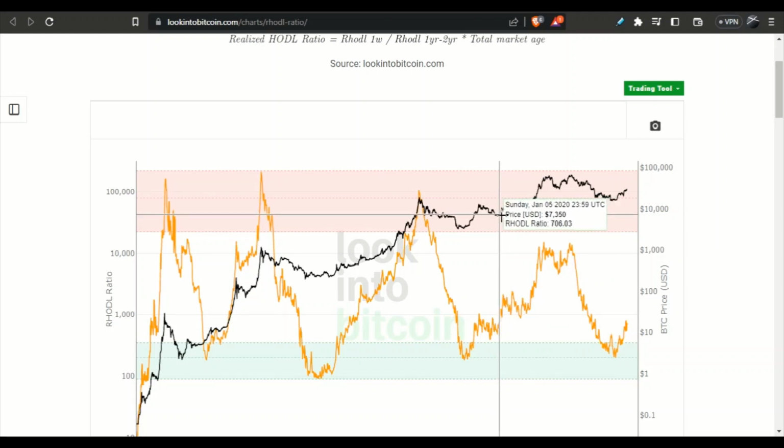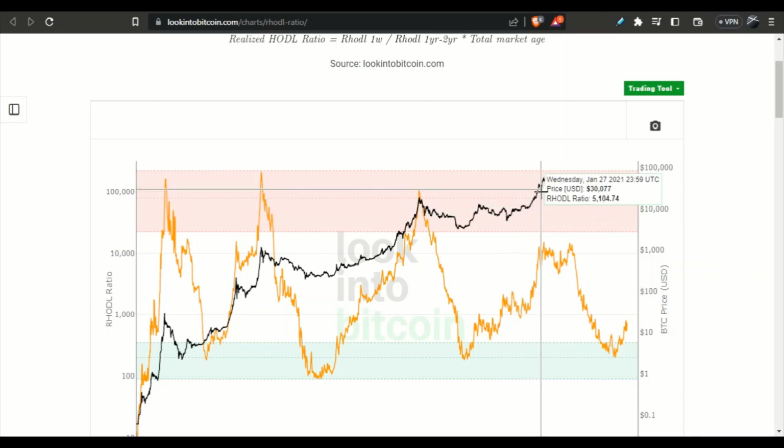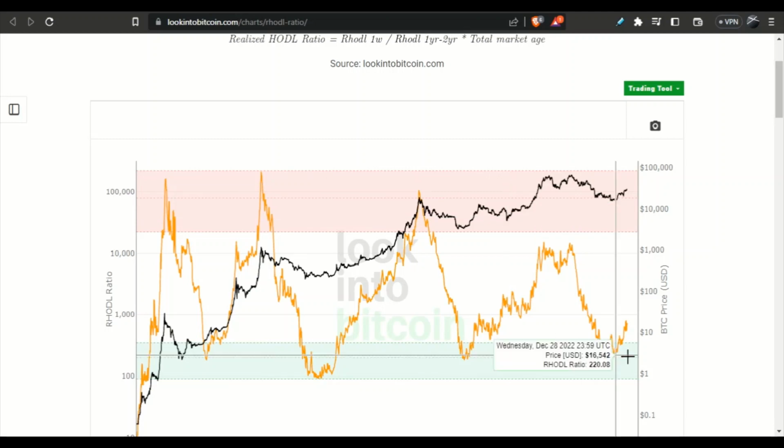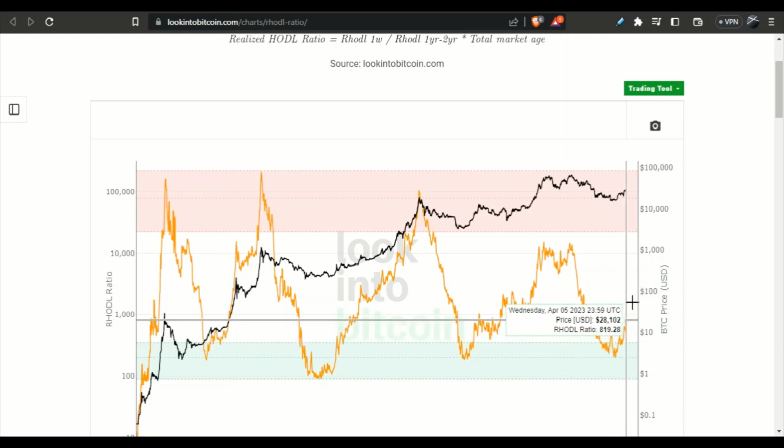From here, the Bitcoin price was around 7,000, and at the end of the run we hit a top of 69,000 at the very top of this run, but the first leg up was at 63,000. So we're still coming up from the lower areas, and that gives us a lot of room to the upside.